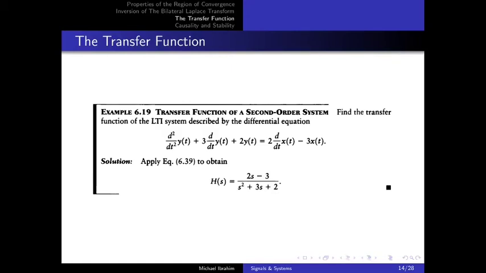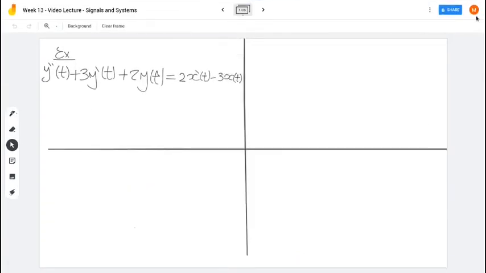So let's move to our whiteboard. We have the second derivative of y(t) plus 3 times the first derivative of y(t) plus 2y(t) equal to 2 times the first derivative of x(t) minus 3x(t). Applying the properties of the Laplace transform, we get s squared Y(s) plus 3s Y(s) plus 2Y(s), where we're applying the linearity property and the differentiation in time domain property.